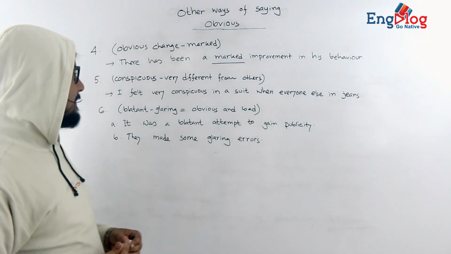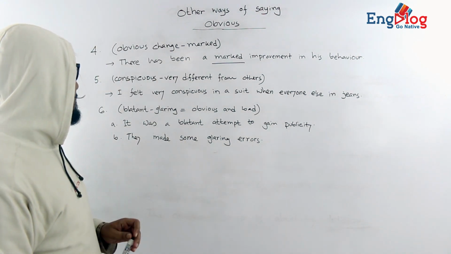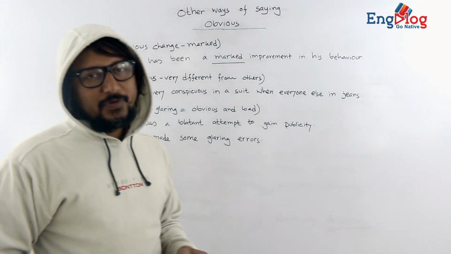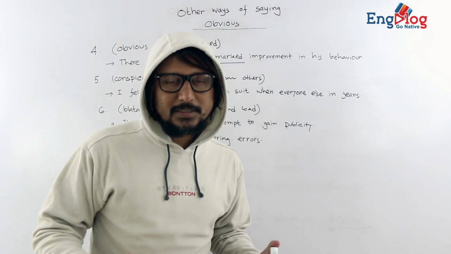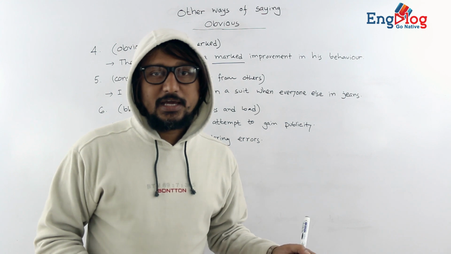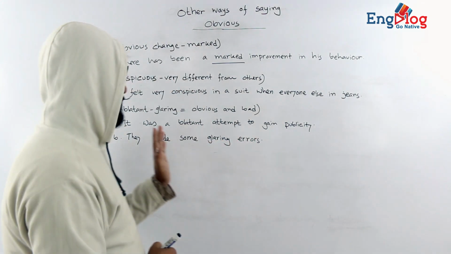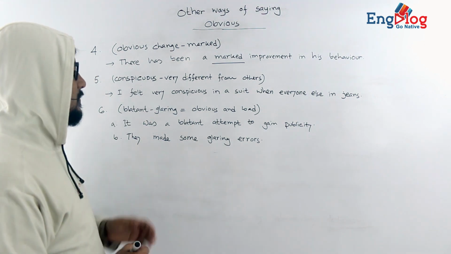The next one is a bit unusual but very smart word. It is conspicuous. If something or somebody is very different from others and anyone can spot it, it is called conspicuous. For the example will make you clear.